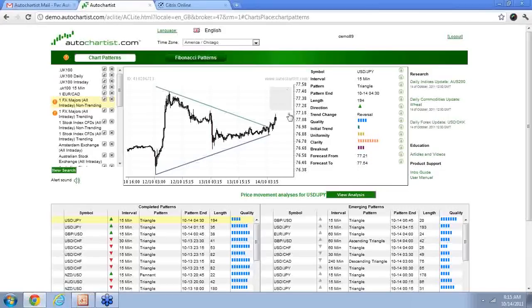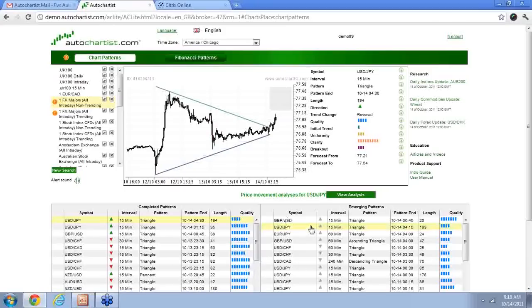Okay, so that's what I really looked at these two patterns about. I look for emerging, and then if I see something developing, I go to once it becomes completed, I realize that I can flip to this completed pattern section, and I can get an idea or a forecast of where the market can go.